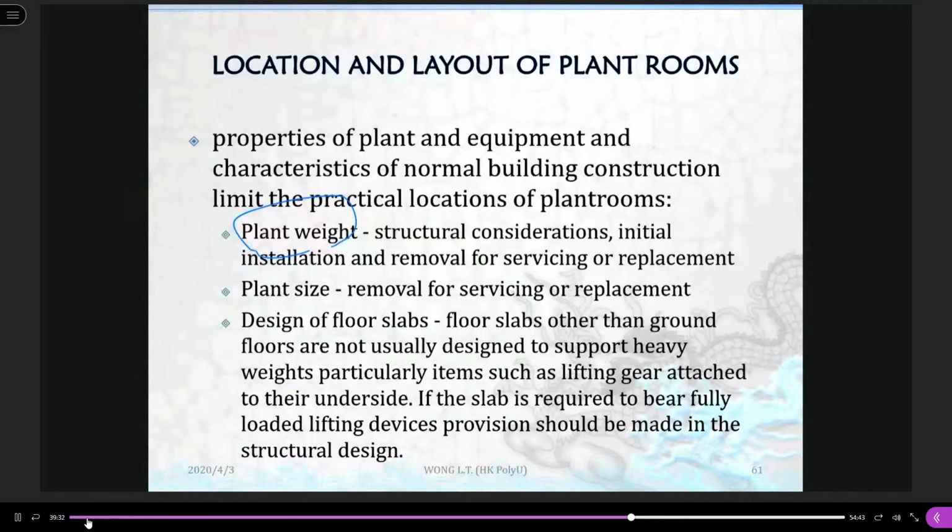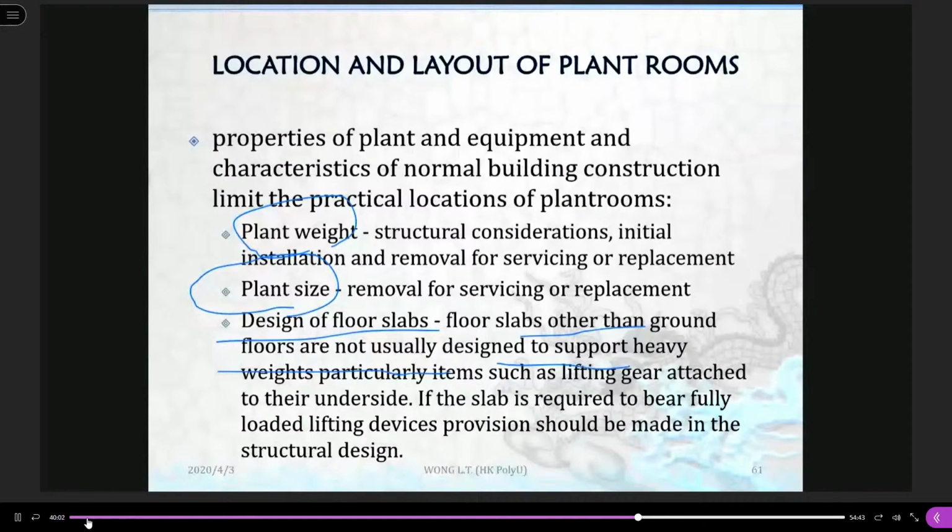Physical size, the area, headroom. The rule of thumb provides some reasonable range and some idea of the additional spaces required for servicing and removal. We have some examples to present to you in the last section. A floor slab other than the ground floor is not usually designed to support heavy weight.